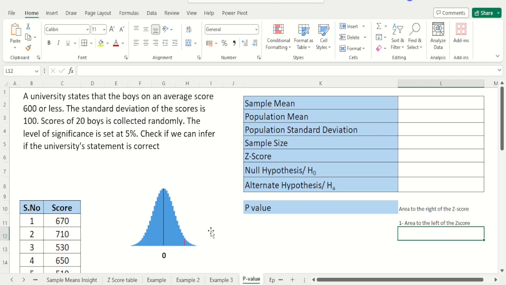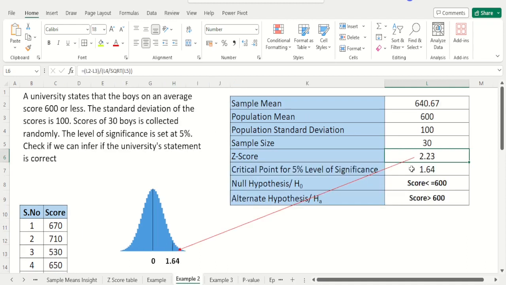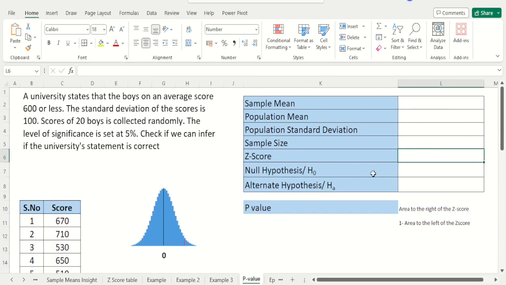All right, so having said that, what was the z-score in this example? If you go back and take a look, from example 2, your z-score was 2.23, right? So let's go ahead and write 2.23 here. Okay, so what does 2.23 represent in terms of area? How do we get that?